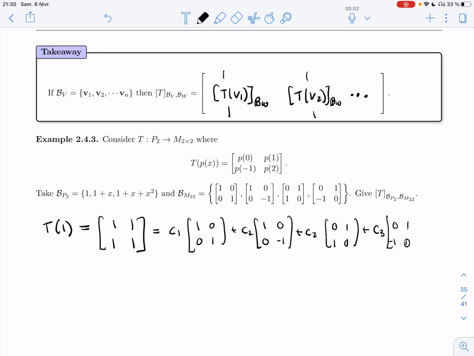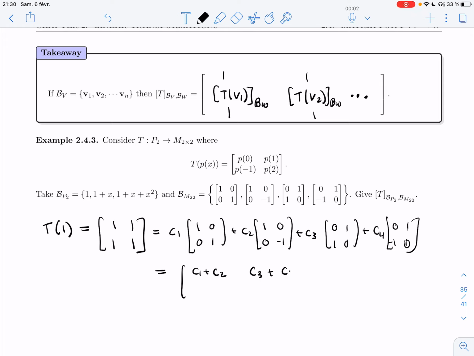C1 through C4 here. If I put it together, I get C1 plus C2, C3 plus C4, C3 minus C4, and C1 minus C2.